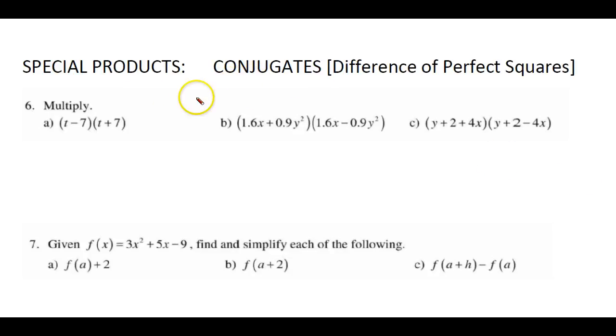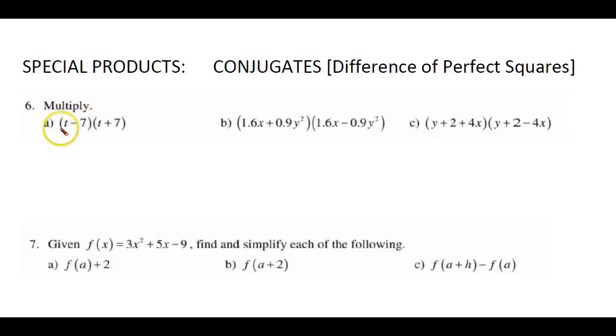Now here we see that we have a t minus 7 and a t plus 7. The terms of the binomial are the same, but what is different is that one is negative and one is positive. Terms are the same, one's positive, one's negative.